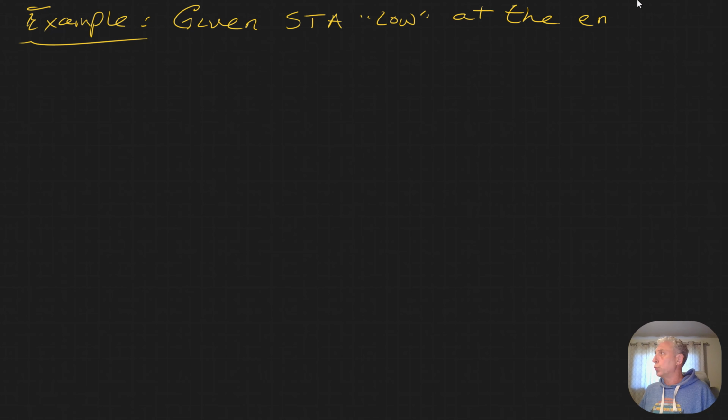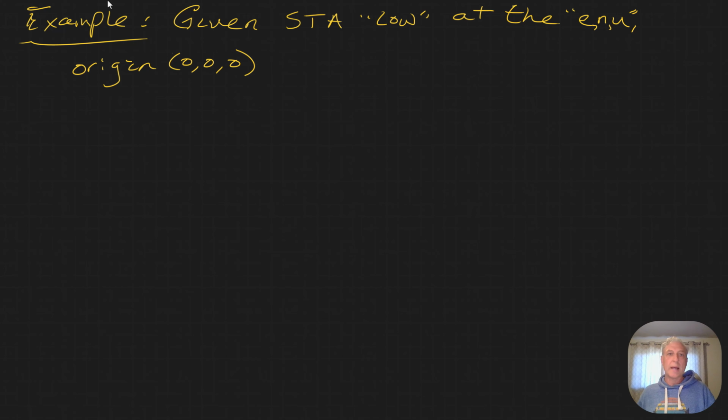So let's see. Given station low at the origin of the ENU, so easting, northing, and up coordinates, 0, 0, 0.